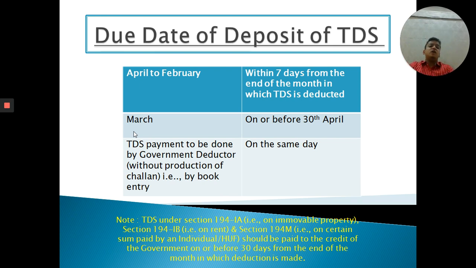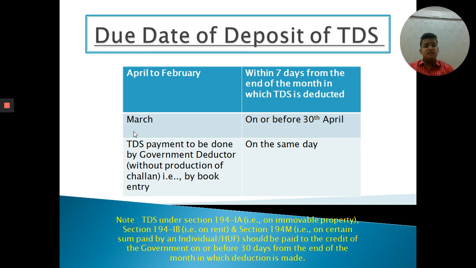Well, there's an important note in the due date of deposit of TDS: under section 194IA, that is immovable property, 194IB, rent, and 194M, that is on certain cases sum paid by individual or HUF, the TDS so deducted shall be paid on or before 30 days from the end of the month in which such deduction is made.